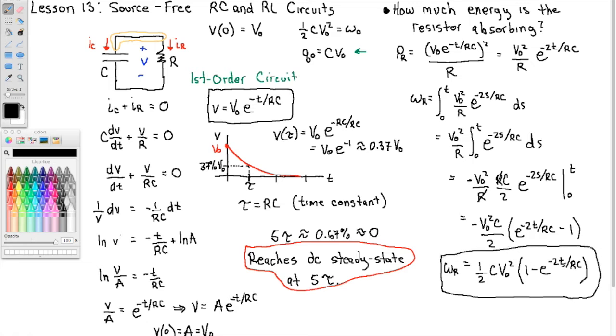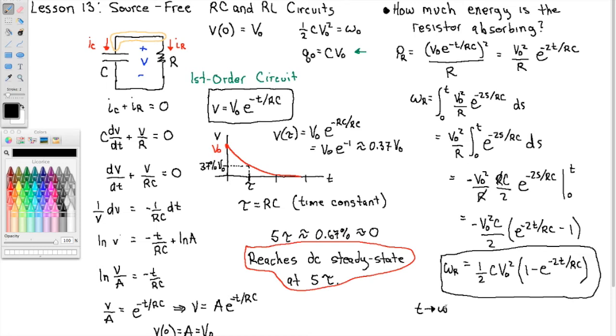You tell me how much time has elapsed since we let this thing go, and I'll tell you how much energy in total, because we integrated from that point in time to right now. So we accumulated all of that energy, and I will tell you then how much energy the resistor has absorbed in total.